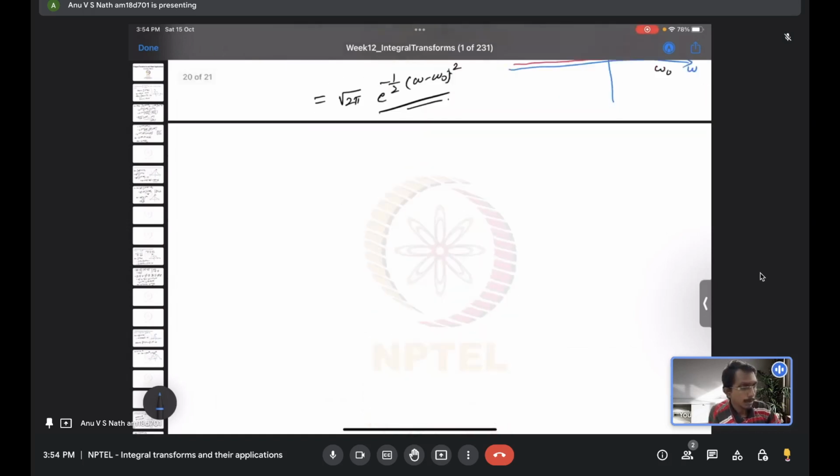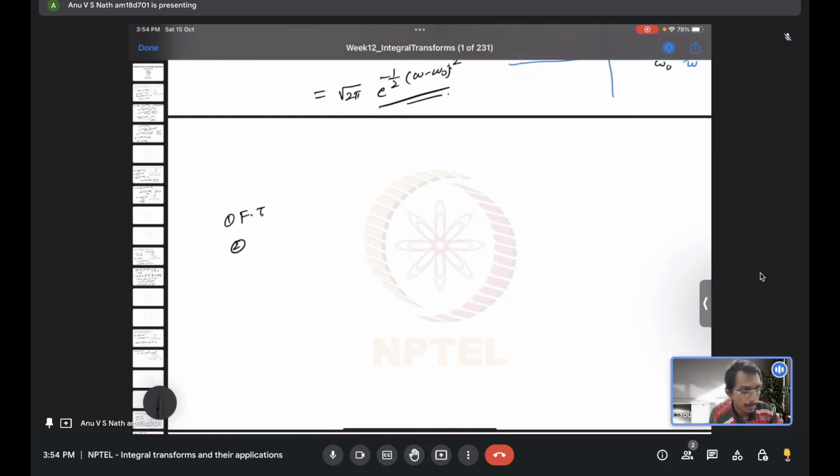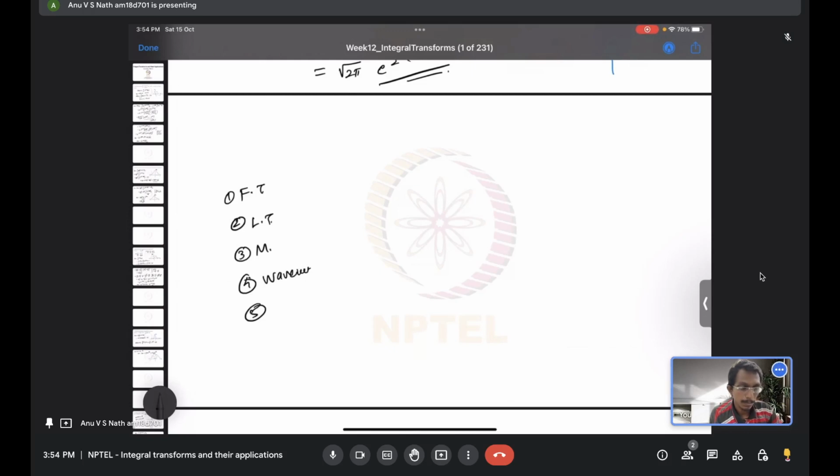If you remember, we have covered a lot of transforms: the Fourier transform, then the Laplace transform, the Mellin transform, then the wavelet transform that we have seen now, then the Fourier transform in polar coordinates, which is known as the Hankel transform, then the discretized version of the transform, which is the Z transform, basically to solve difference equations, unlike the other transforms which are continuous transforms.